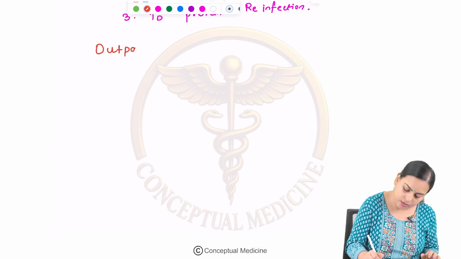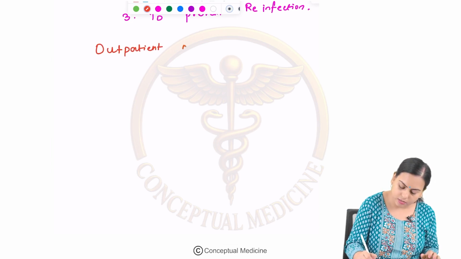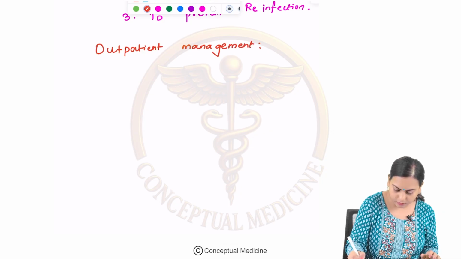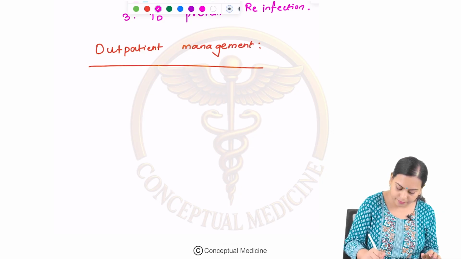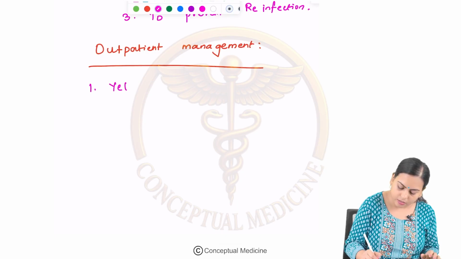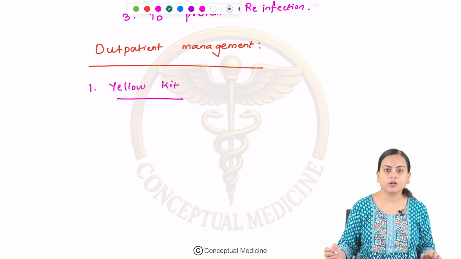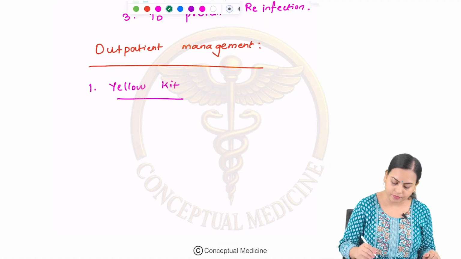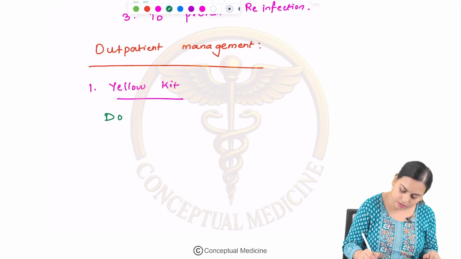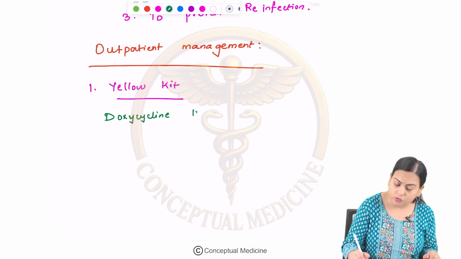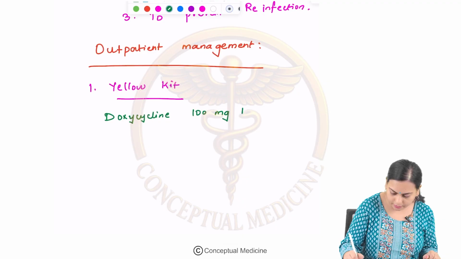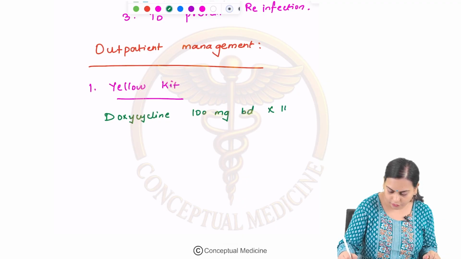So, while doing outpatient management, we can give them the yellow kit, which is the kit given for lower abdominal pain, that contains doxycycline at a dose of 100 mg BD for 14 days.